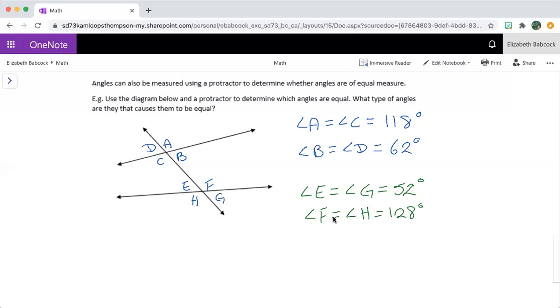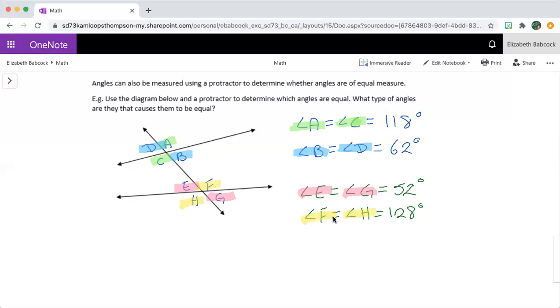One thing you should notice: angle A equals angle C, angle B equals angle D, angle E equals angle G, and angle F equals angle H.